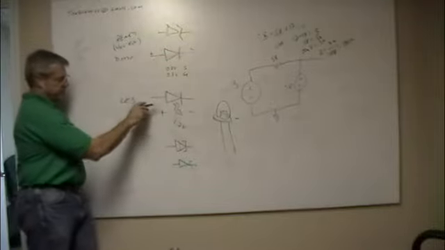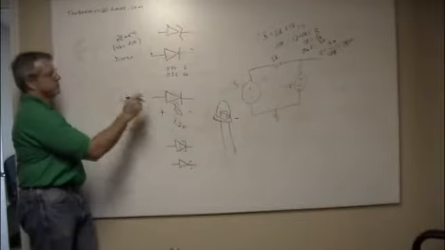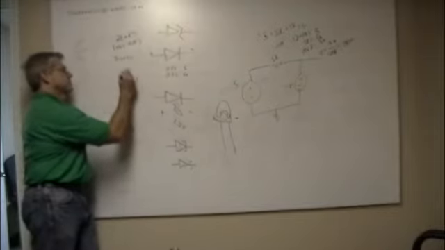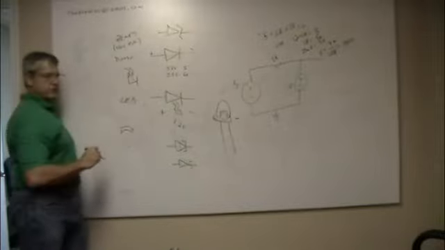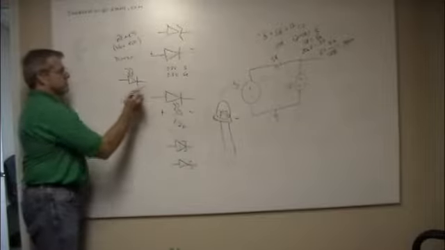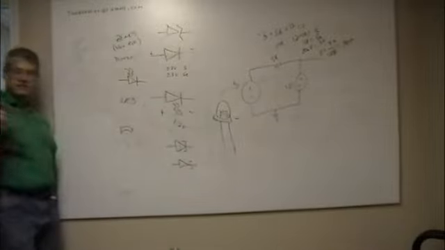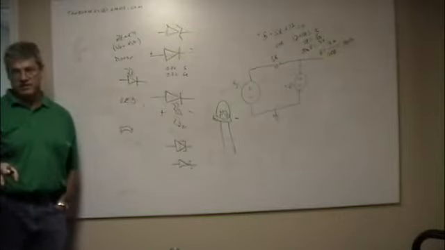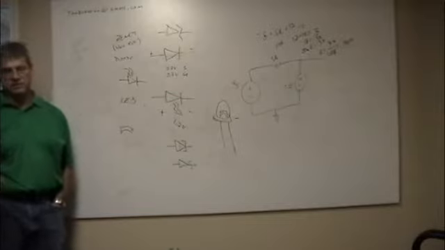So if you look at an LED, oh, here's the other one that I'm missing. This is a photodiode. That one you'll probably use every now and then. The way a photodiode works is not to be confused with a cadmium sulfide detector or a pyroelectric detector.